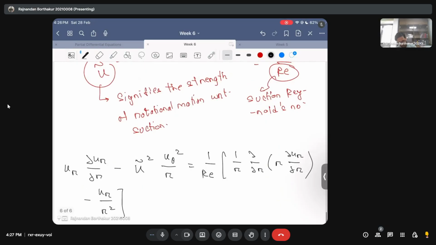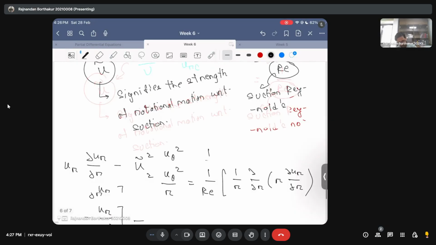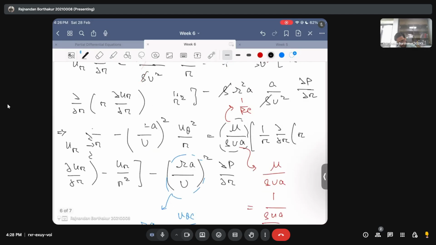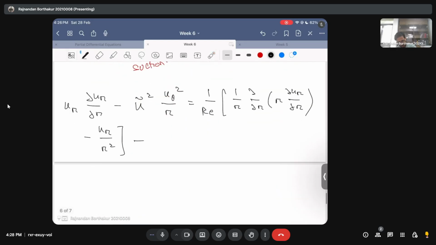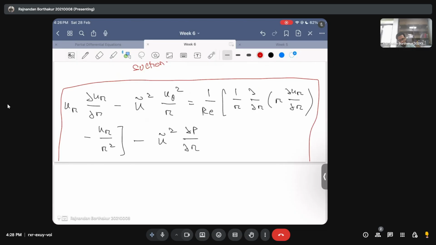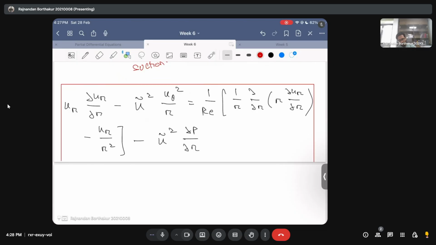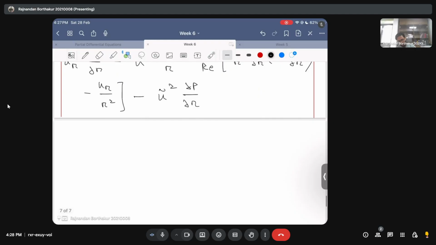And then I'll have minus, so this omega A by U is again going to be U tilde squared times del P by del r. Okay, that's it. That's your non-dimensional r momentum equation. It involved a little bit of algebra, I understand.